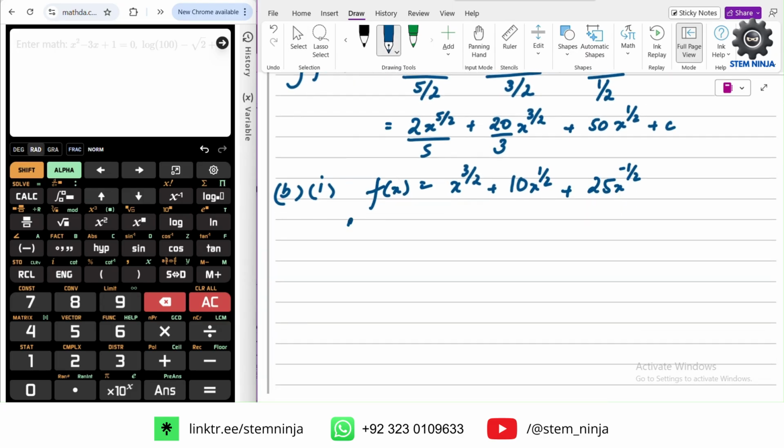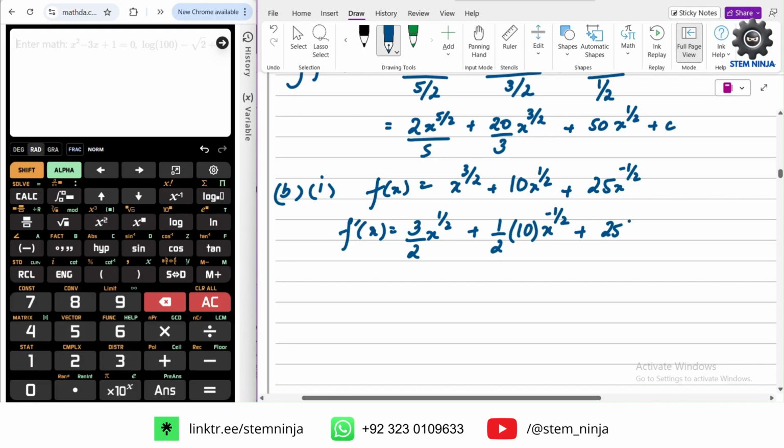So f prime of x would be 3 over 2 x to the 3 over 2 minus 1, which is just 1 over 2, plus 1 over 2 times 10 x to the minus 1 over 2, plus 25 times minus 1 over 2 x to the minus 3 over 2.